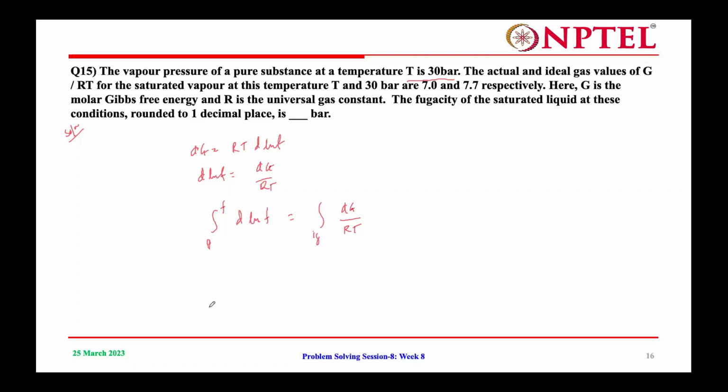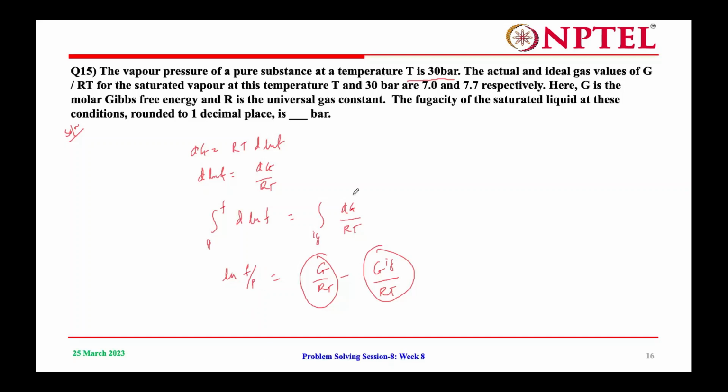So when you integrate, you get ln f by P equal to G by RT minus G^ig by RT. Here the actual G by RT is given as 7, and at ideal condition G by RT is given as 7.7.